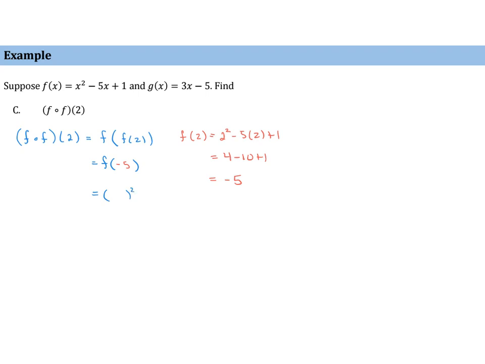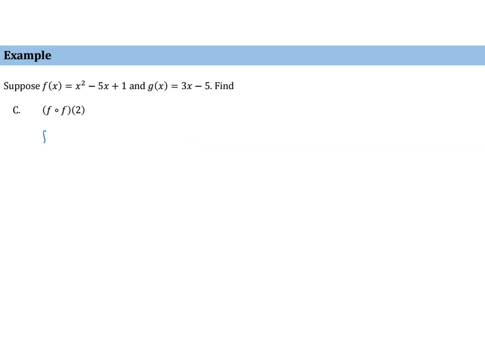So we'll square minus 5 times that input, and then add 1. So this will be 25 plus 25 plus 1, so it yields 51. So what's the alternative?